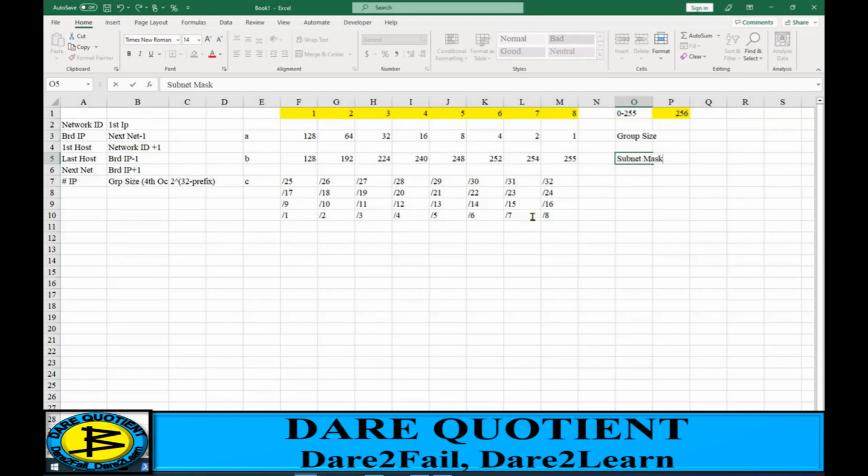All of these other rows correspond to your CIDR. This first row corresponds to the fourth octet. In this one, the third. This the second, and this the first.